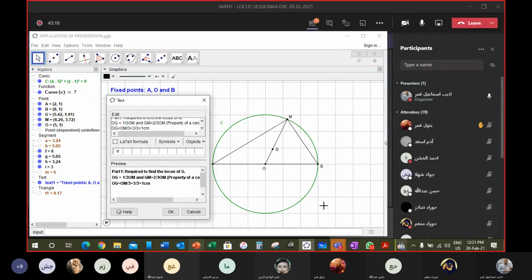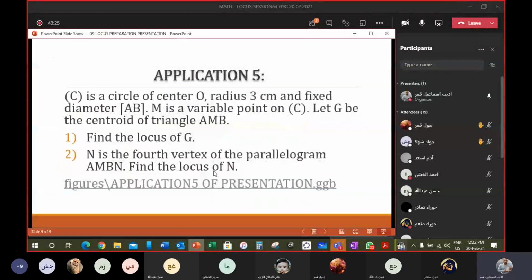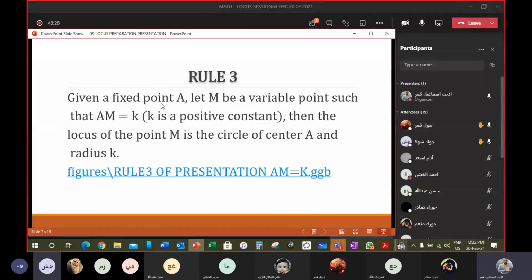بتول؟ Perpendicular bisector. لا، كيف جبتيها perpendicular؟ بس نحن بأي رول يا بتول؟ given a fixed point بهيدي.